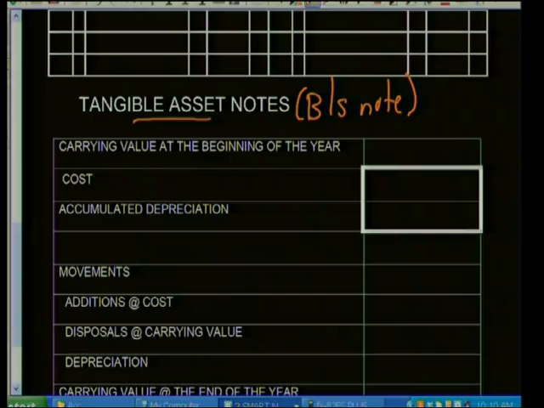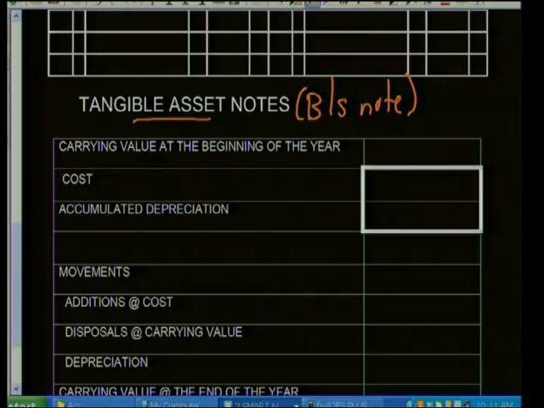But let's specifically look at the tangible asset note, because it's linked to whatever we've been doing thus far. Right, the format, very quickly guys, remember the format of this note is something that you need to learn. Once you know the format, then it's simply filling in figures. But without the format, you're not going to know which figures to fill in, so please learn your format.